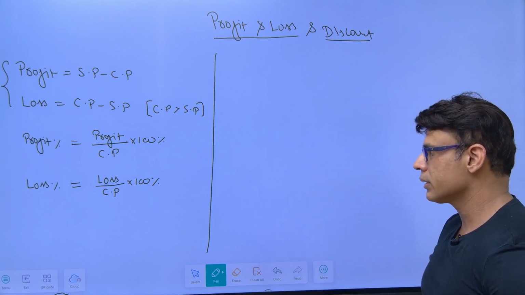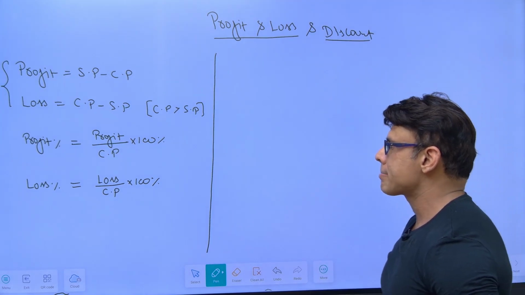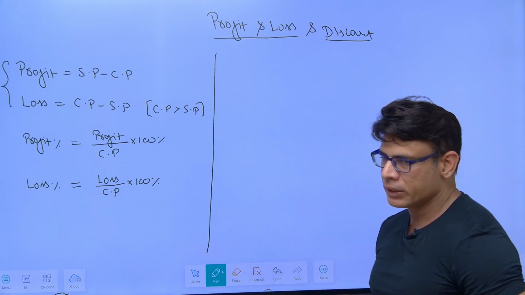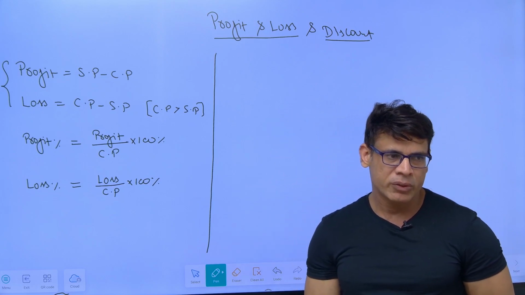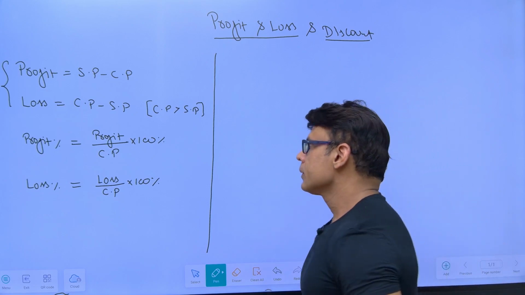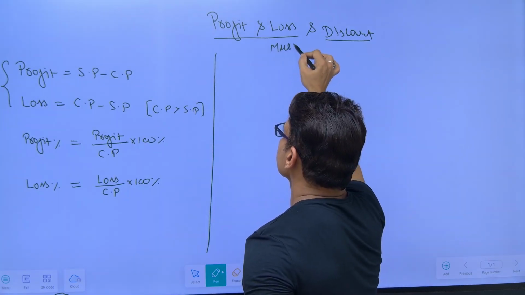Now let us understand few new things. The first is percentage fraction, which we have done in percentage. That will be used frequently here also. Apart from that, there is something called multiplying factor.